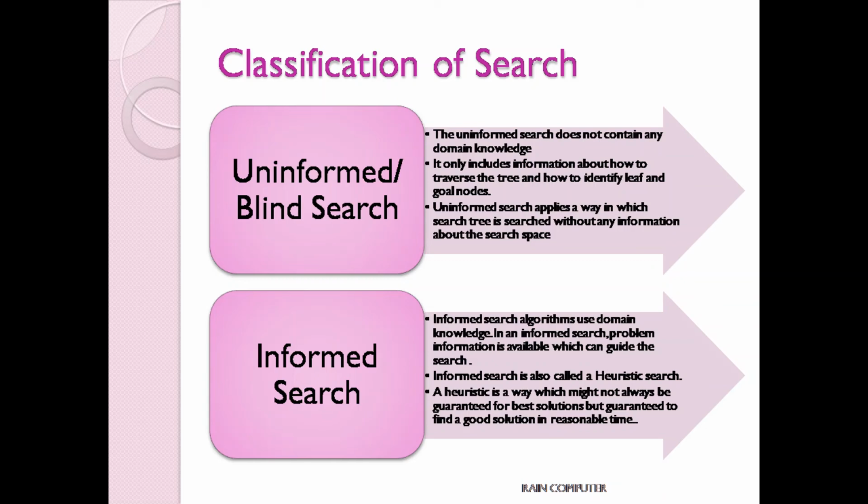A heuristic is a way which might not always guarantee the best solution but is guaranteed to find a good solution in reasonable time. Informed search can also solve much more complex problems which could not be solved in other ways. An example of an informed search algorithm is the traveling salesman problem.